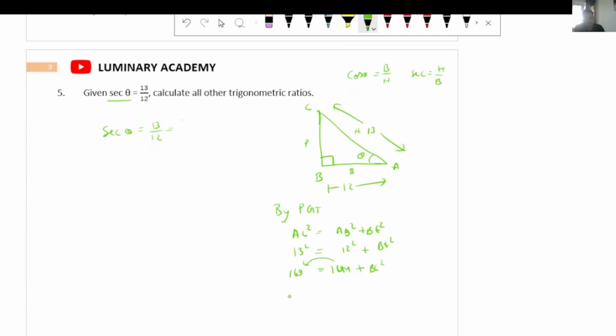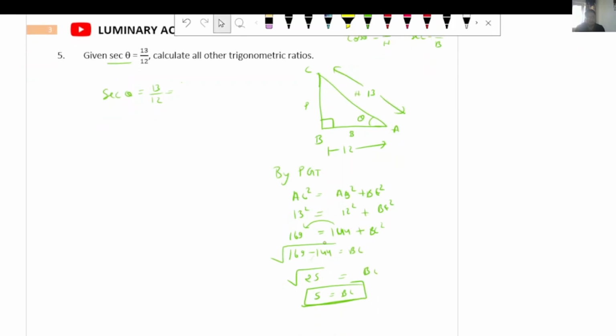So you need to shift this to this side. So 169 minus 144 is equal to BC square, and you can put the under root here, so it will be 25, right? So BC will be equal to 5. So you got the value of BC as 5, so you can write it here that your perpendicular is 5.